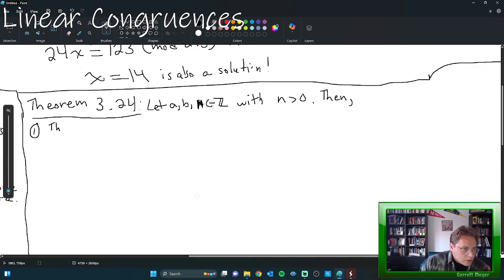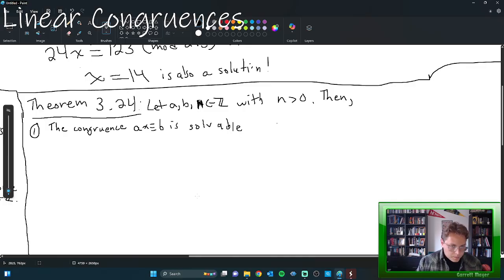So the congruence ax is congruent to b is solvable in integers if and only if the GCD of a and n divides b. So that's 1.